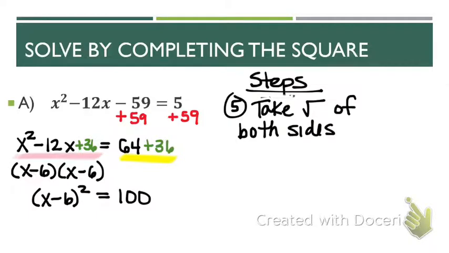And when I take the square root, because I have parentheses and I have an exponent on the outside, the only thing that's going to do is get rid of my exponent. So it's just going to be x minus 6.